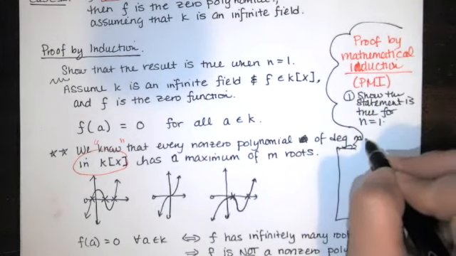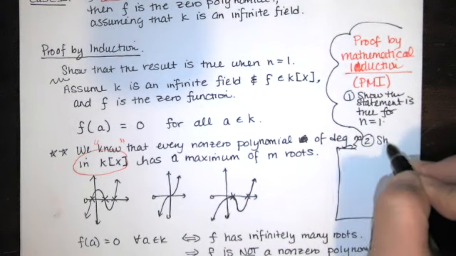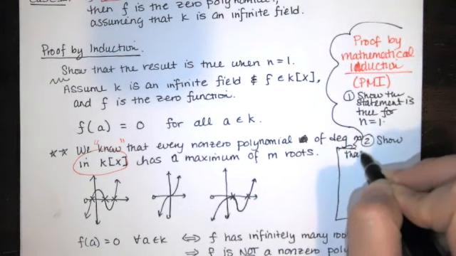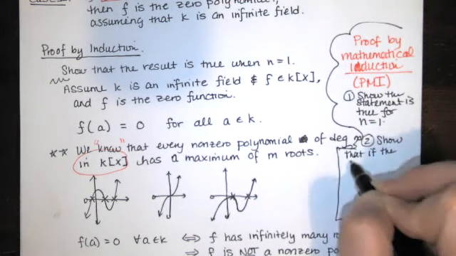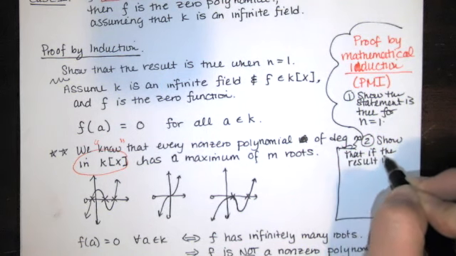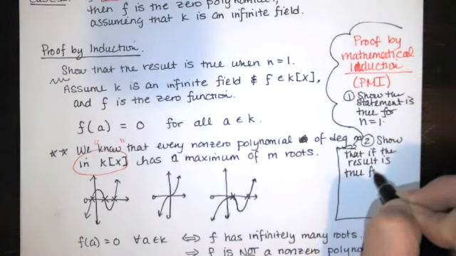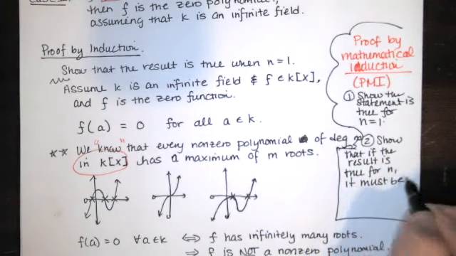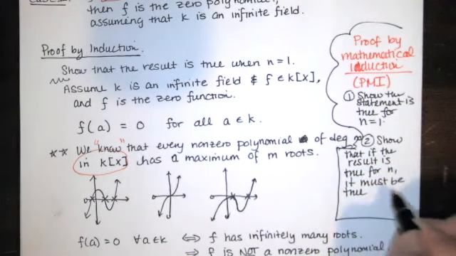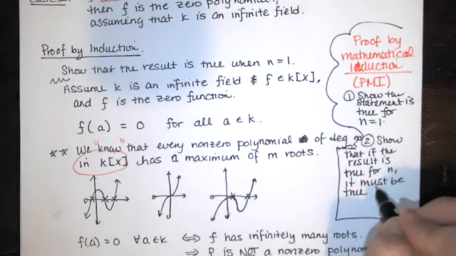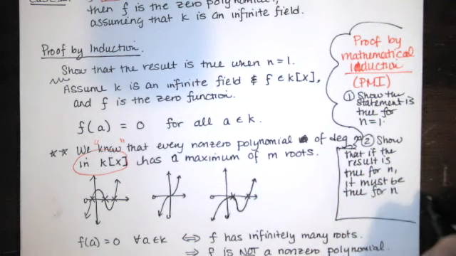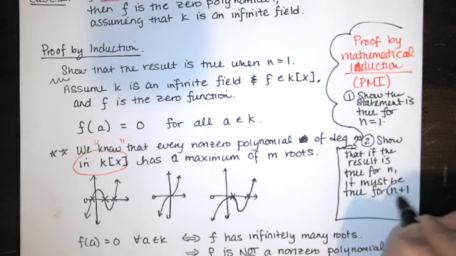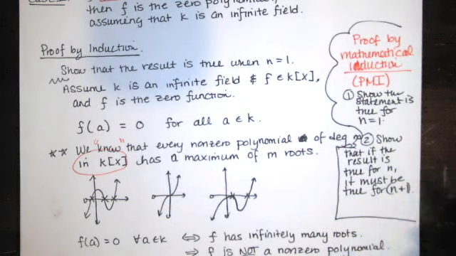So we show it's true for the first value, and then we want to show that if the result is true for n, it must be true for n plus 1.